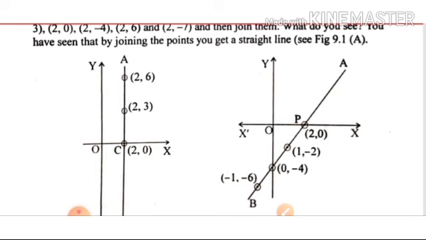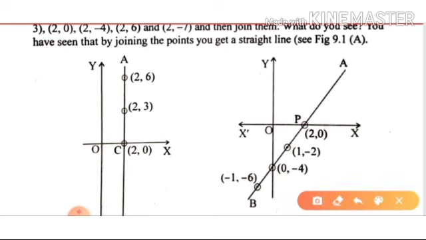Now before going to learn what is the gradient of a line, we have to know what is the inclination of a line. When we talk about inclination of a line, always remember it is the angle made by the straight line with the positive direction of x-axis.